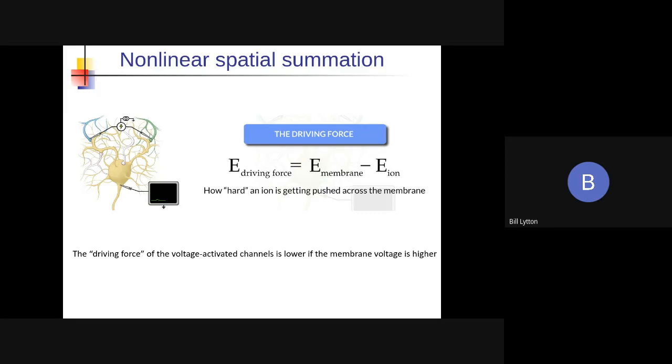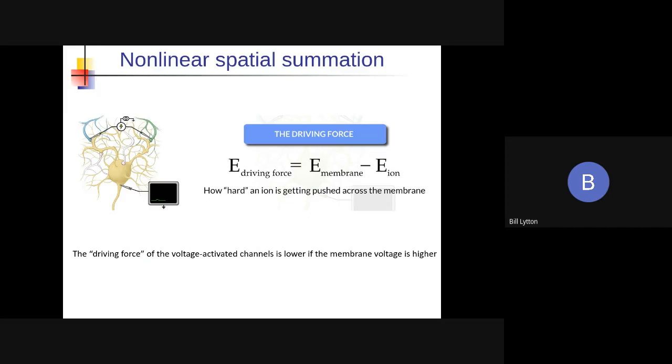So the nonlinear spatial summation has to do with the reversal potential for that ion. We talked about sodium being plus 55, potassium being minus 85 or so, to get a driving force. And when we talk about the shunting potential, the driving force is the same, but the local conductances are much different.